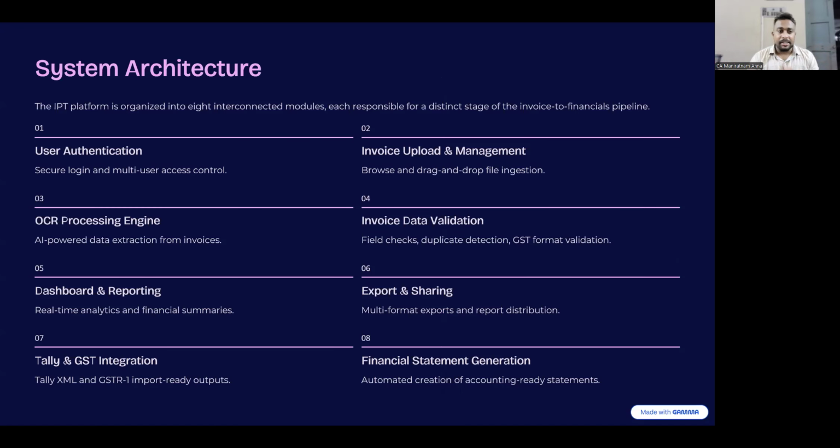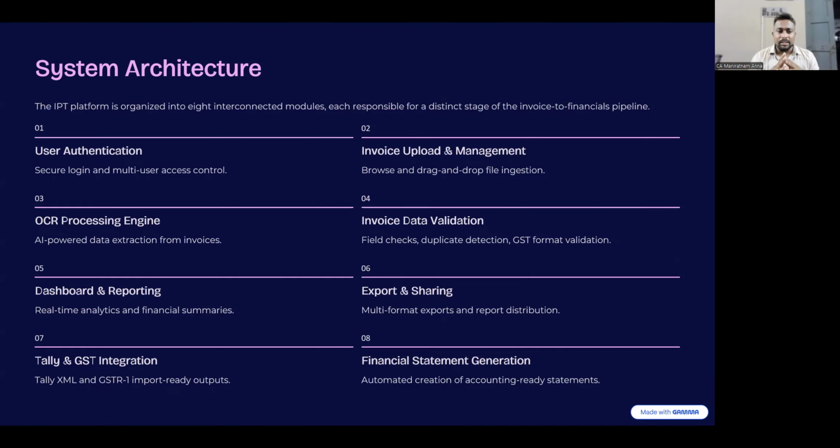The system architecture starts with user authentication. That means you can use your mail ID or Google Mail to log in to the app. Invoice upload and management is drag and drop. You just drag it or upload it, or click on it and the file selection will open, and you can select whichever invoices you want to extract and just click the button.